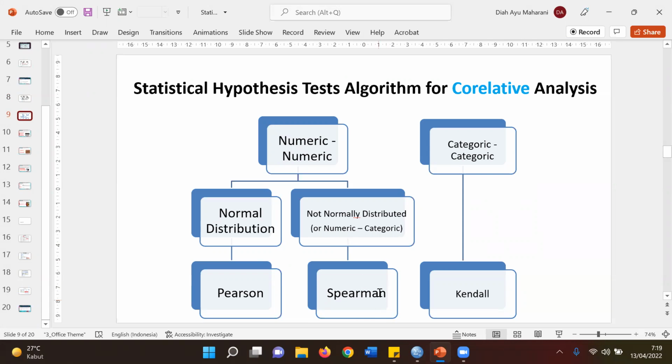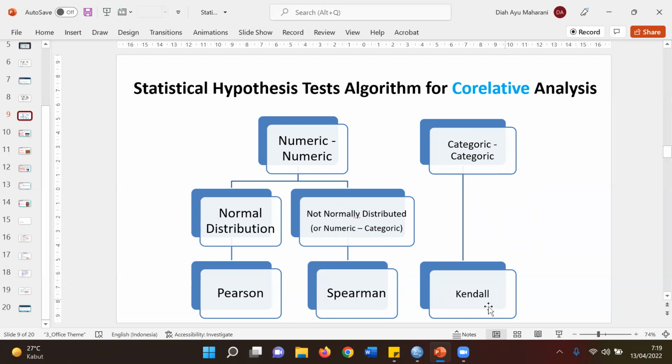So Spearman is quite widely used because you can use it for numeric with categoric, for numeric normally distributed and numeric not normally distributed, or if both variables are not normally distributed. For Pearson, it has to be both normally distributed. And then if you have categorical with categorical data, you should go to Kendall.